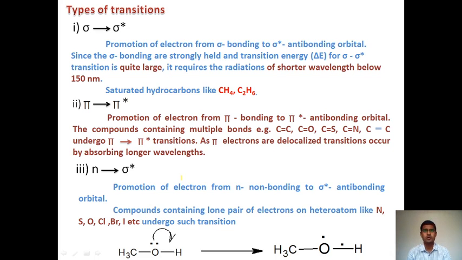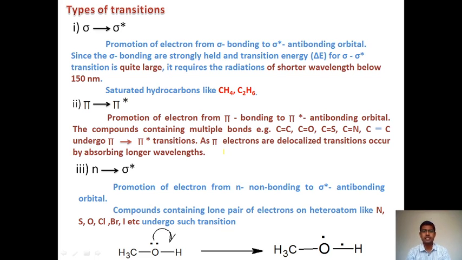Energy is inversely proportional to wavelength, so shorter wavelengths below 150 nanometers are required for these types of transitions. Now, what type of molecules show these transitions? Saturated hydrocarbons show these types of transitions, such as methane and ethane.